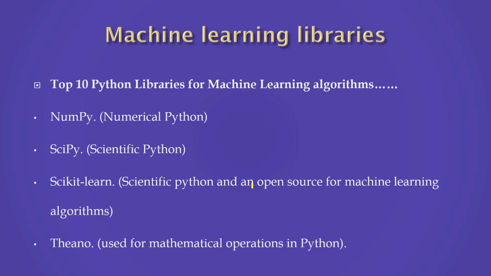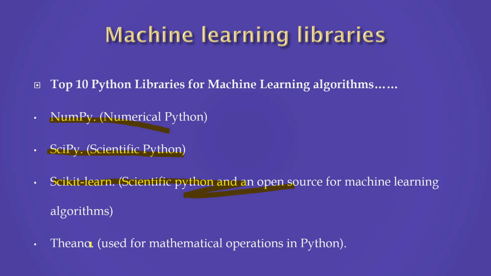And what are the various machine learning libraries that we can use in Python? The very first ones are NumPy, numerical Python, and SciPy, statistical Python. A very important one is scikit-learn, scientific Python, open source for machine learning algorithms.